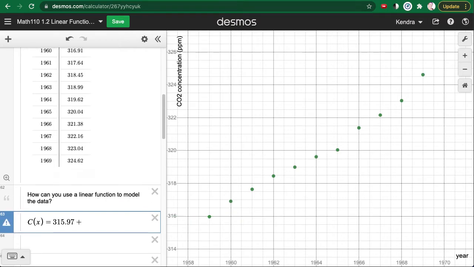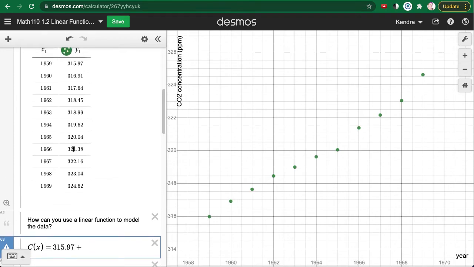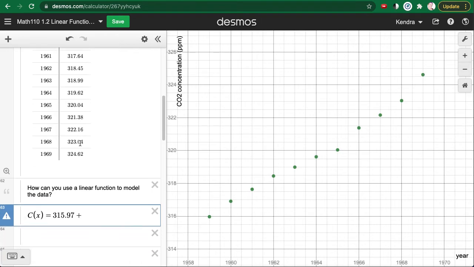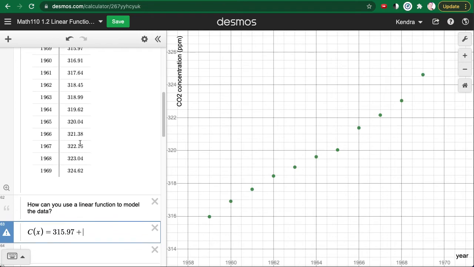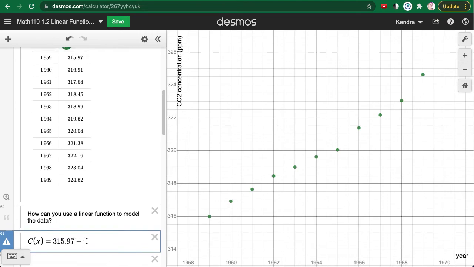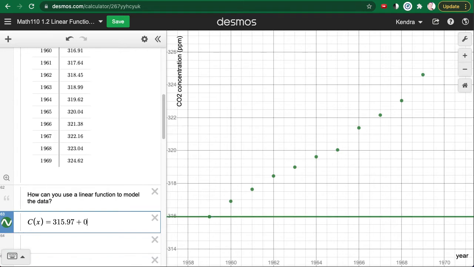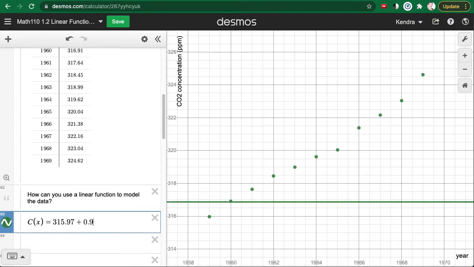Plus, how much is it changing per year? It looks like from 1959 to 1960, it's changing by about 1 part per million. Then it looks like a little less than that, a little less than that. So let's say it's changing at, I don't know, 0.9, and it's not percent, 1 part per million per year.